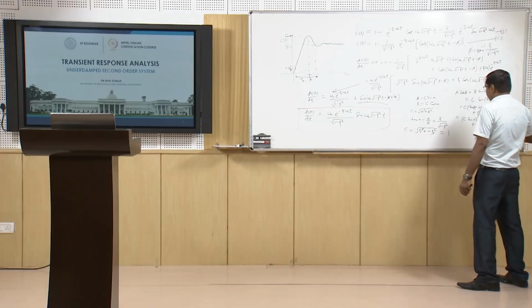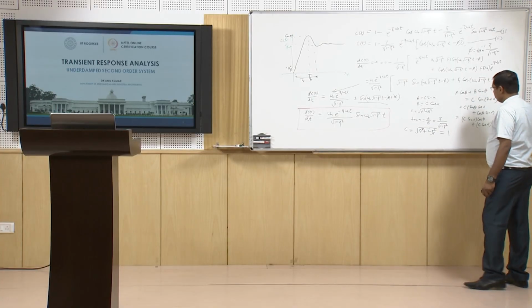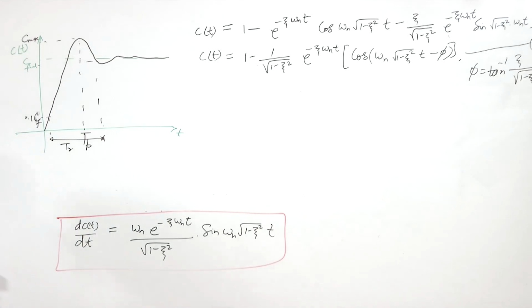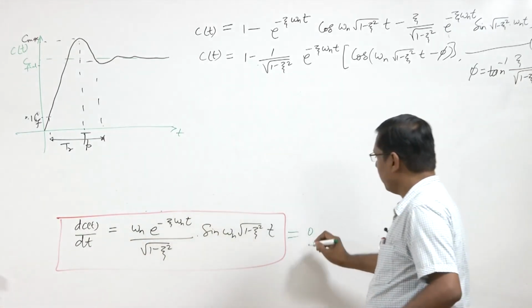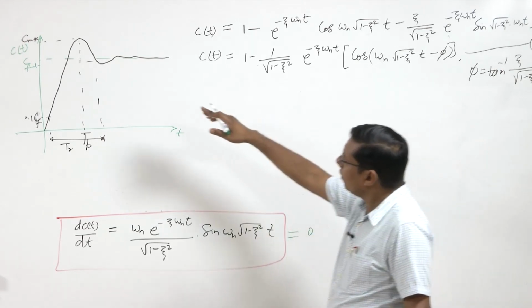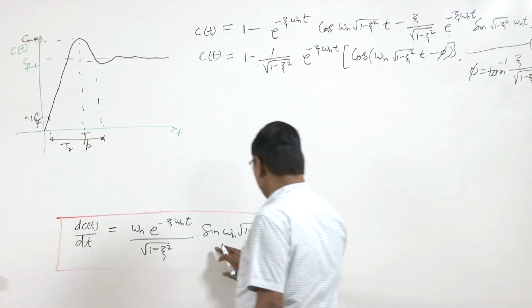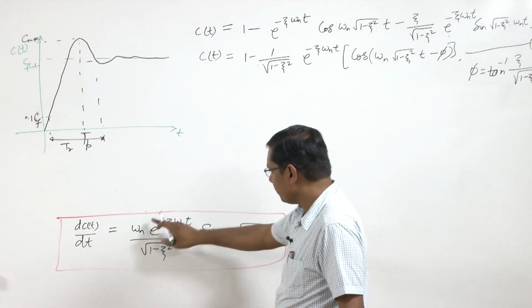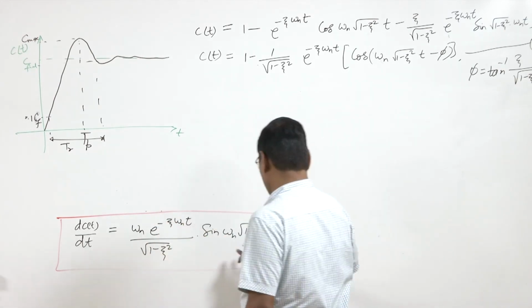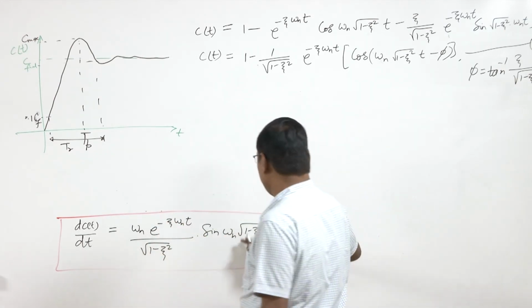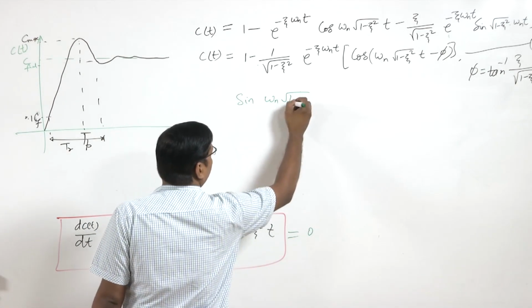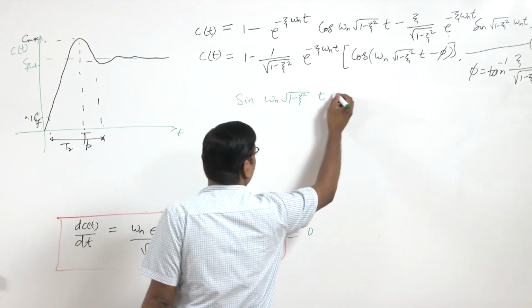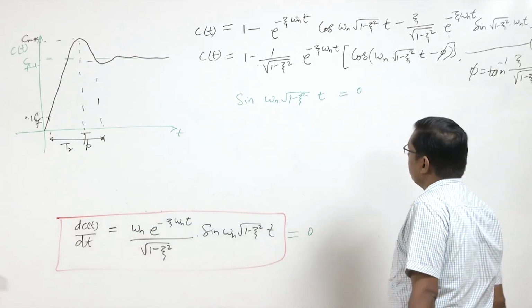So now to get the maximum, we have to make dc(t)/dt equal to 0 to get the maxima, and to make it 0, of course this is exponential, so this can't be 0. So we have to make this sine omega n root 1 minus zeta square t equal to 0.